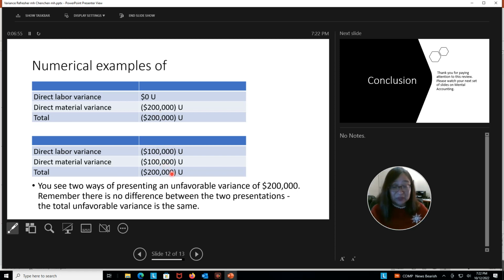And so that's what I'm trying to point out to you, that a variance is a variance. A 200,000 variance is a 200,000 variance, no matter how it breaks down. Now, that could be the true breakdown, but it might not be. It might have been manipulated. Okay, so a variance is a variance. Don't be fooled by how they show up on your, let's say, your financial statement.